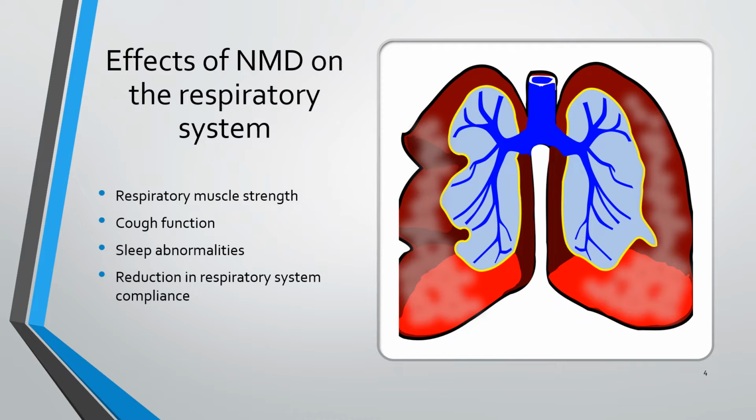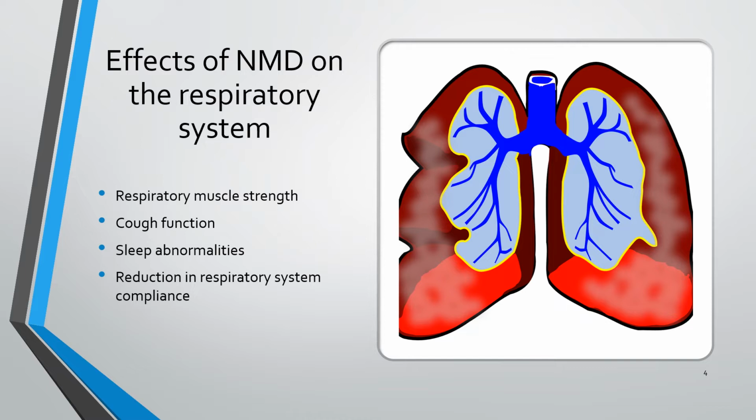So vital capacity is a very good test to determine inspiratory strength, and it's also a very good test to determine the progression of their disease. Measurements in respiratory muscle strength are important over time. It's not just a snapshot done one time. You need to do this over a period of time to see if there's any kind of decrease going on.